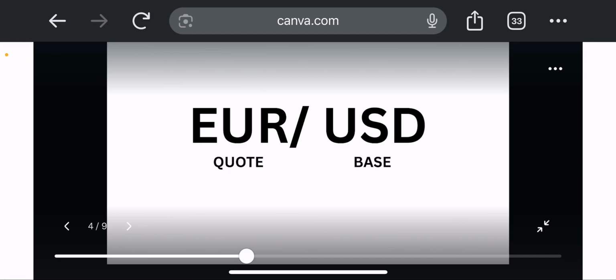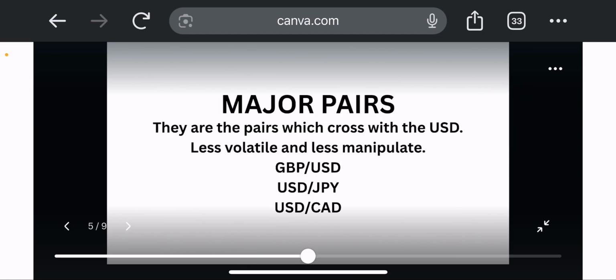There are other types of currency pairs that we should know about, and there are two types. We have the major pairs, which are the pairs that cross with the US dollar. These are the pairs that most people trade because they are less volatile and less manipulated. Less volatile means the market doesn't just move randomly, and less manipulated means you cannot just fake a move.